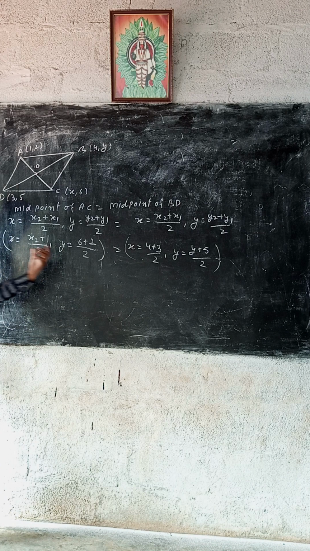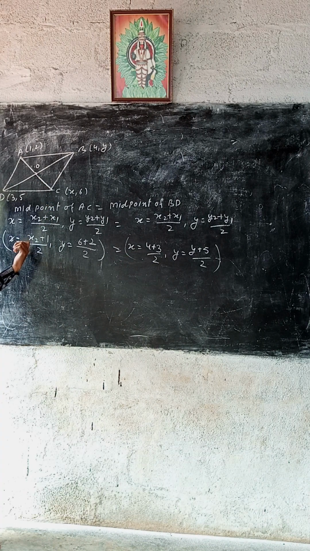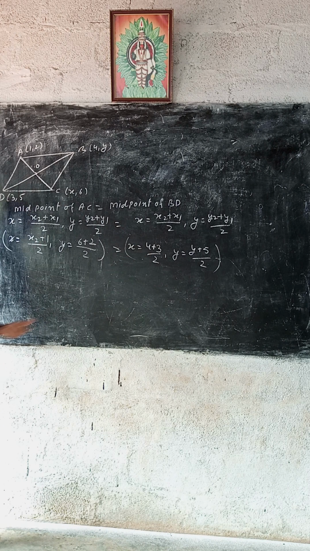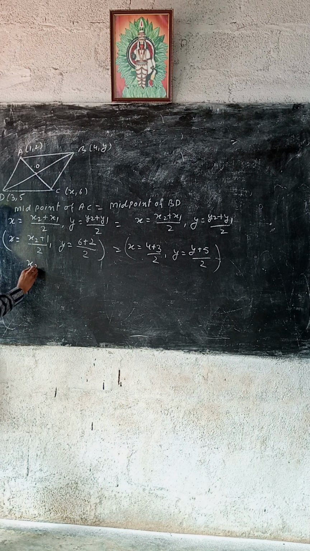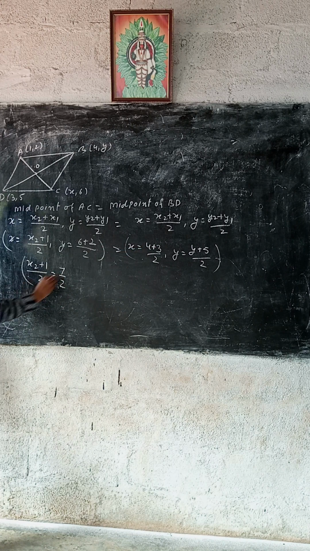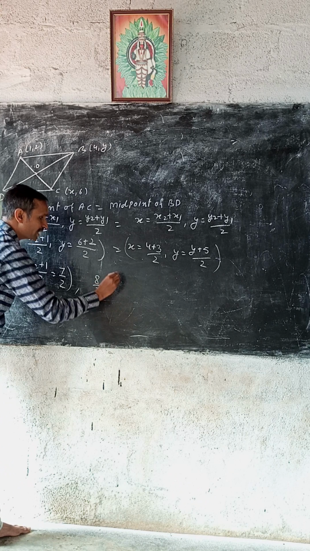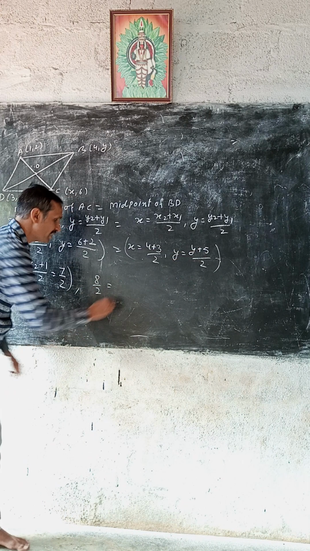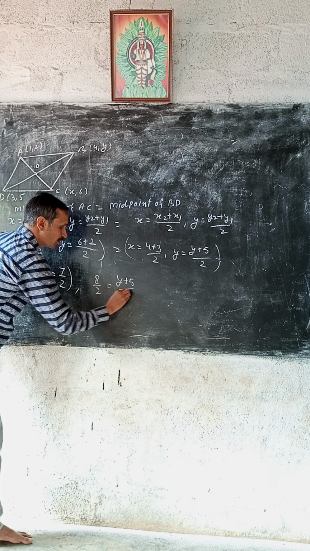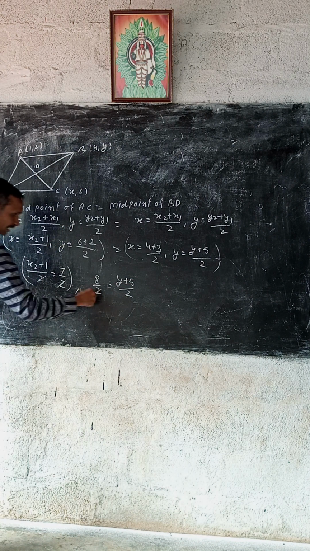Now these points are equal to those points. So x is equal to this side, x is equal to that side, and we can write (x plus 1) by 2 is equal to 4 plus 3, which is 7 by 2. Another point, y: 6 plus 2 is equal to 8, 8 by 2 is equal to (y plus 5) by 2. We can cancel the 2 here. In that also the 2 cancels.